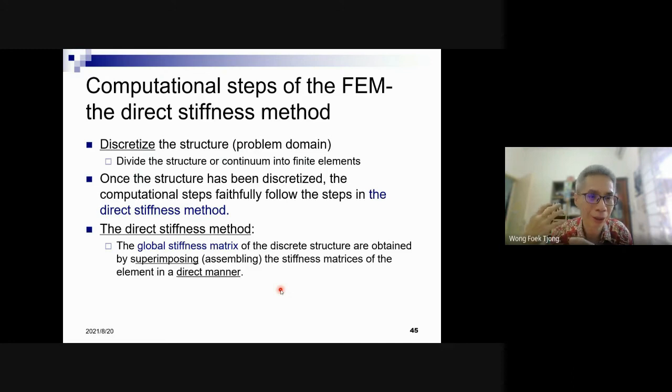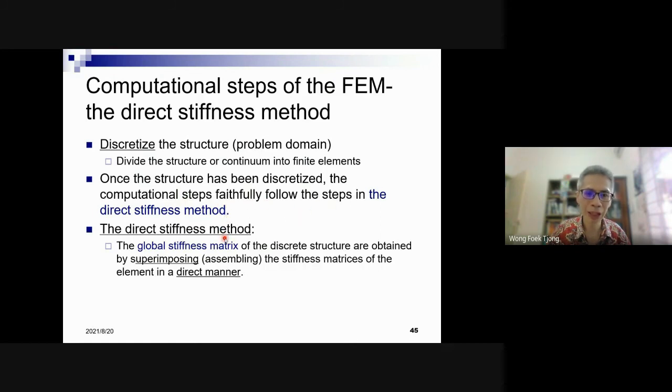Here are the main steps of the finite element procedure. First, as you know already, if we have a continuum, discretize it, mesh it. Create a mesh. After the structure has been discretized, the next computer steps faithfully follow the steps in the direct stiffness method.